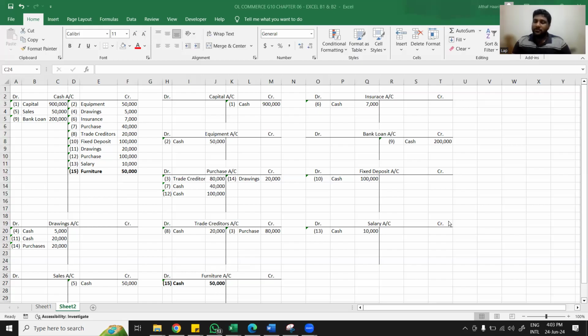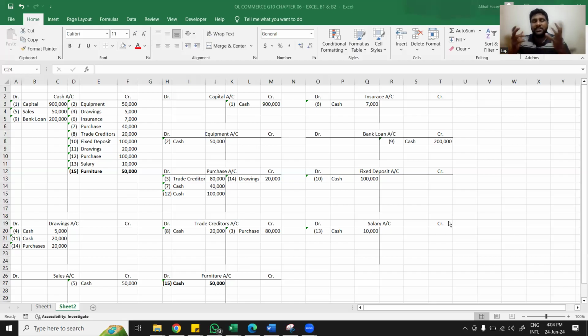Sofas, tables, chairs, all these furnitures are there to use, so it is not your inventory. Inventory means the watches that I bought to sell. For the purchase account, you have to put only the items that you bought to sell, the main stock of the business.